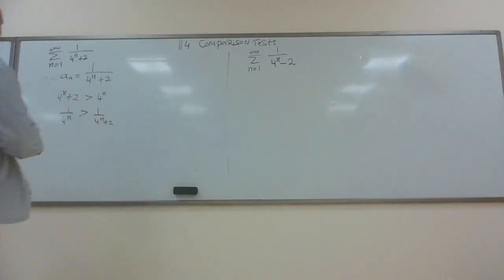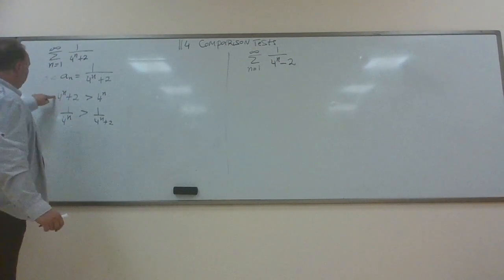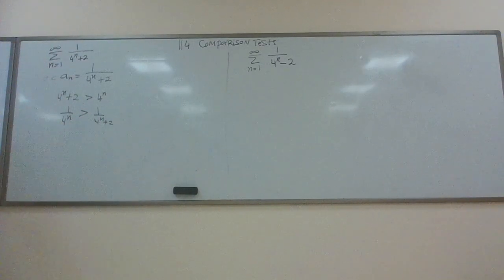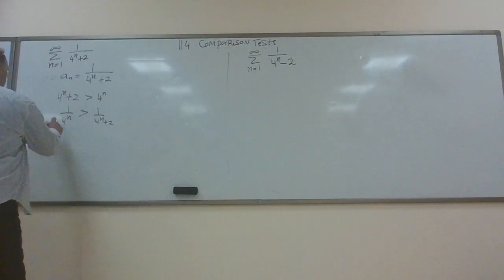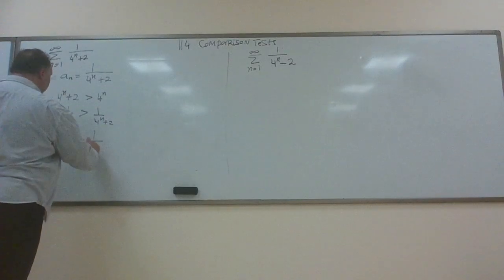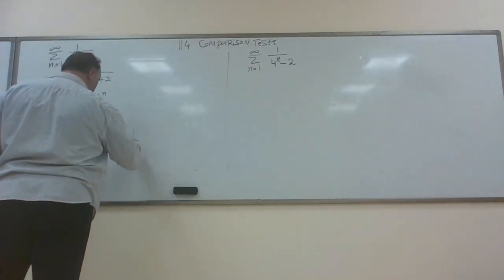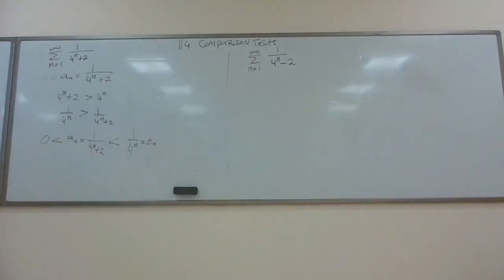Is this true or not? If I divide by a bigger number, I get something smaller, right? 1 over the bigger number is smaller than 1 over the smaller number, which means that this is smaller than here. So I can have my Bn as 1 over 4 to the power n. That's cute, that's easy.